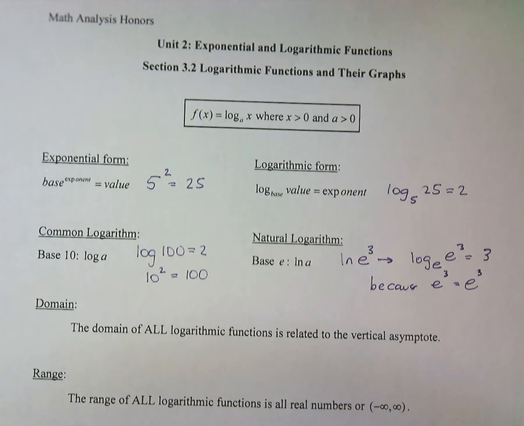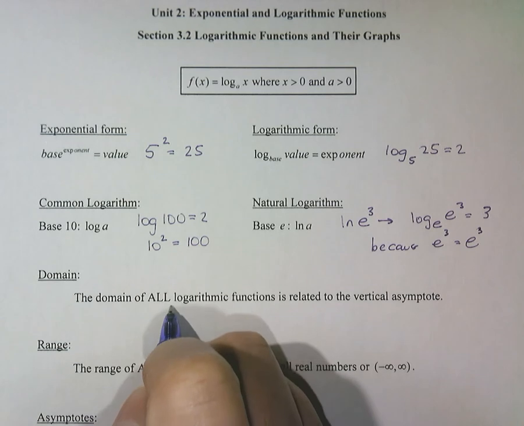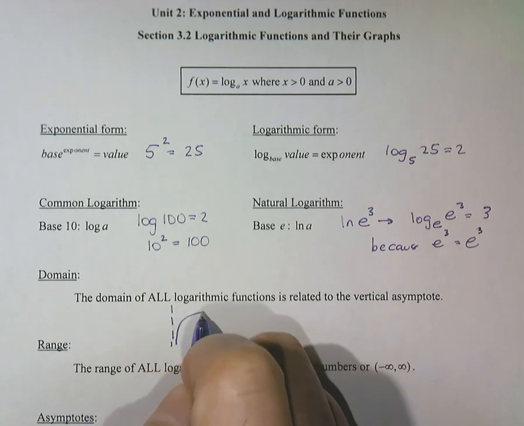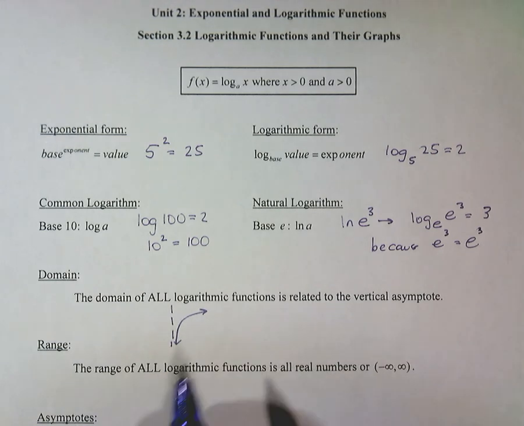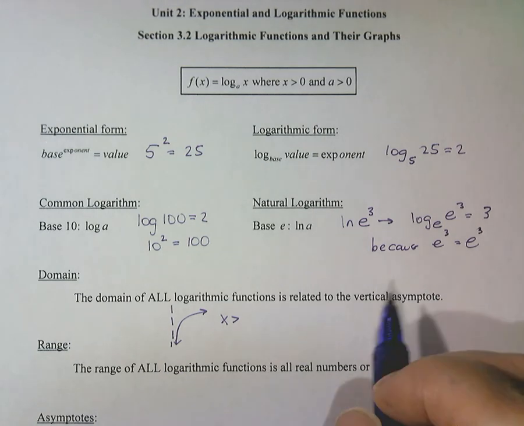Every logarithmic function has a vertical asymptote, and the domain is going to be all real numbers to the right or to the left of this vertical asymptote. So if I have a function with a vertical asymptote here, and the graph looks like that, the domain is going to be x greater than whatever that vertical asymptote is, not equal to, just greater.